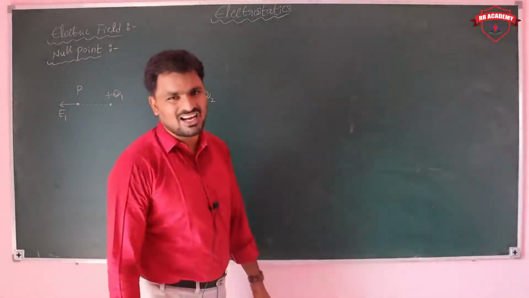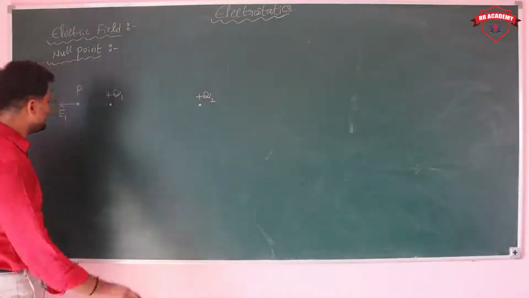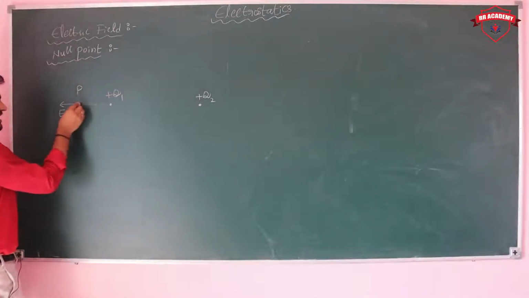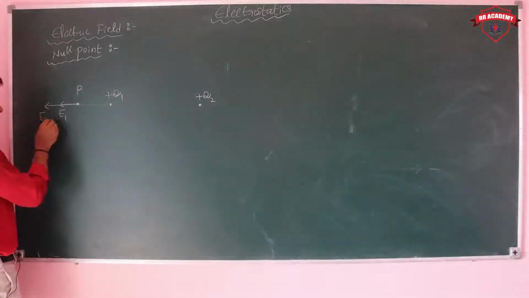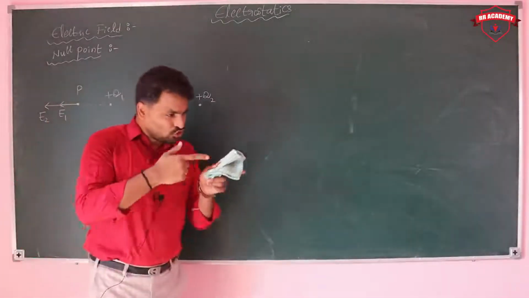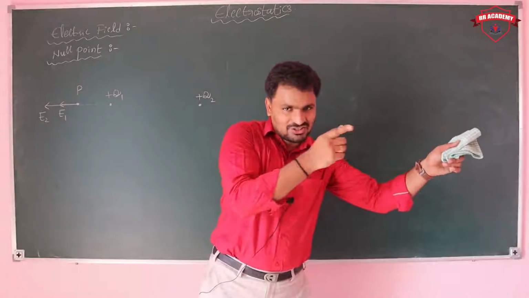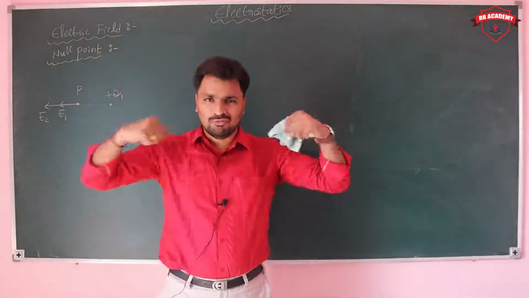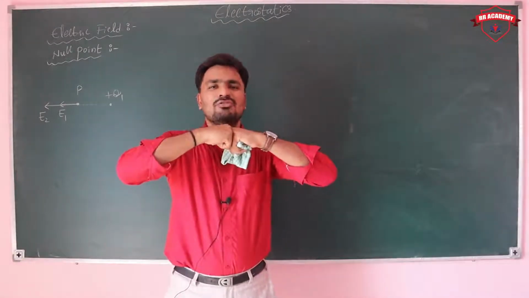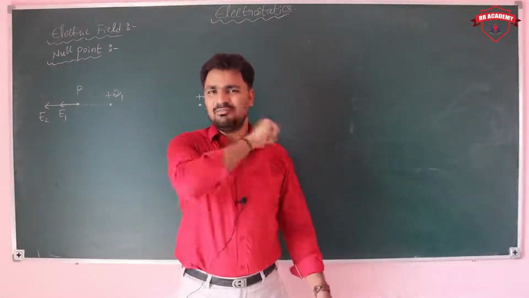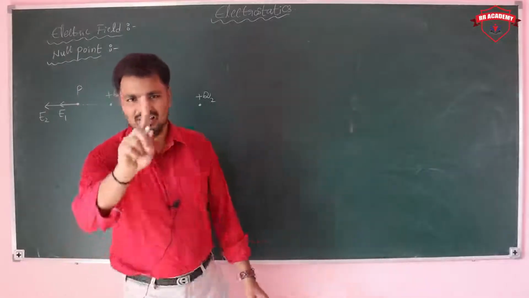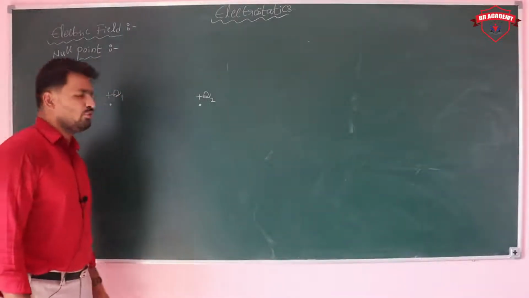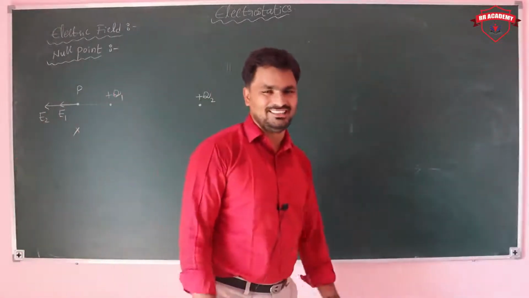For the second charge, what is the field direction at point P? Again positive, so it also acts away. If two fields are acting in the same direction, is it possible to get zero? No. For it to be zero, they must act in opposite directions. That means on the left side of Q1 there is no null point.